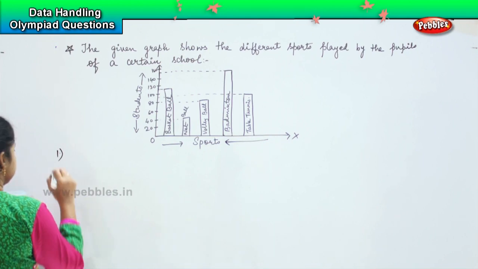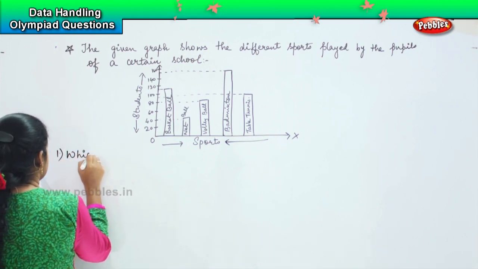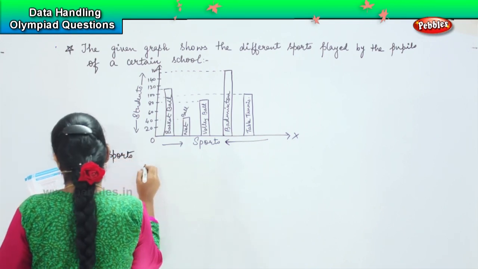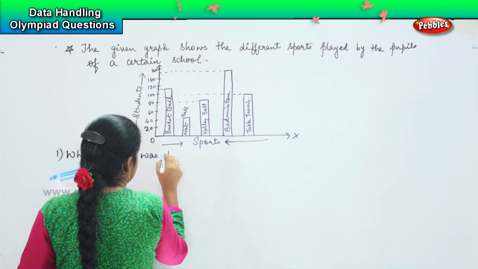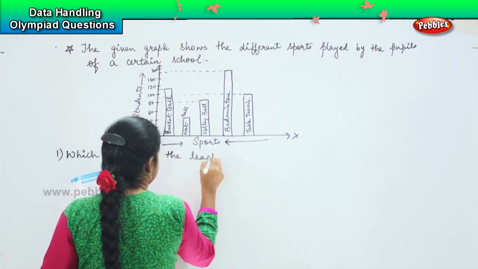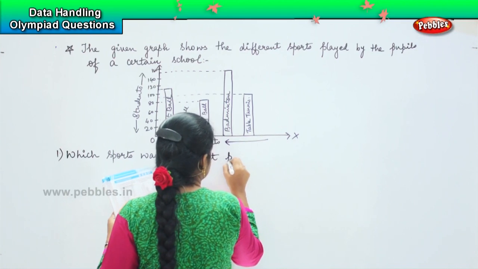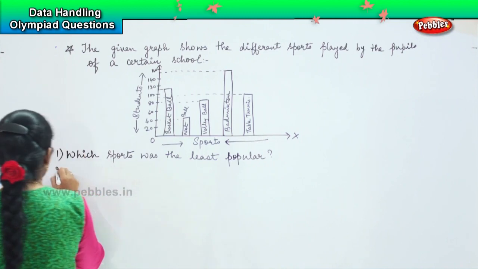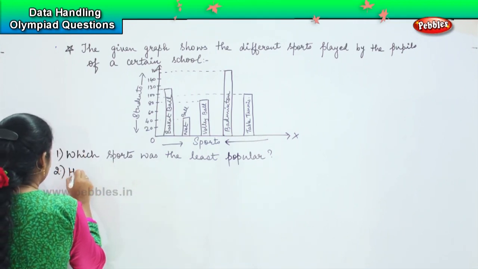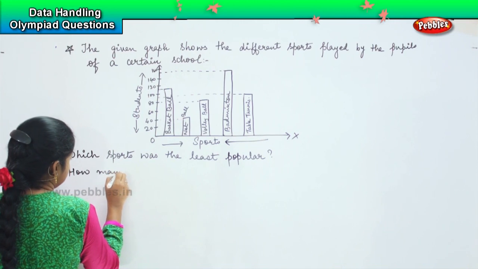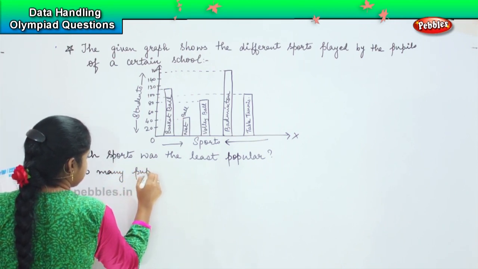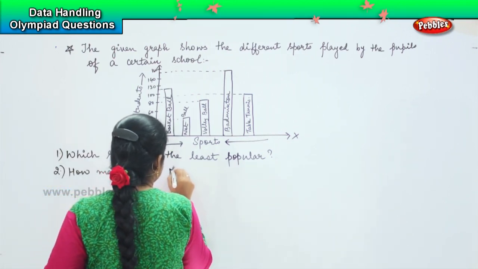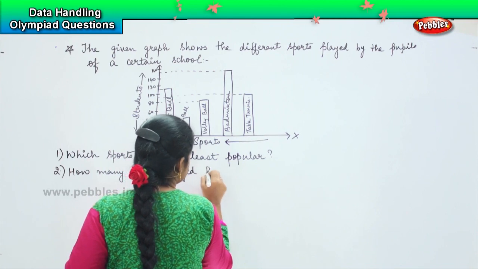The first question says, which sports was the least popular? The second question, how many pupils played basketball?